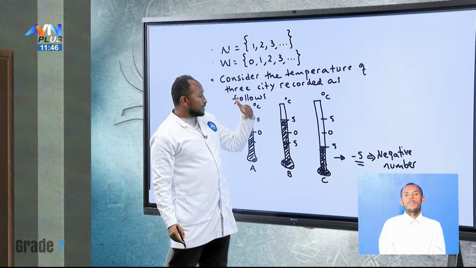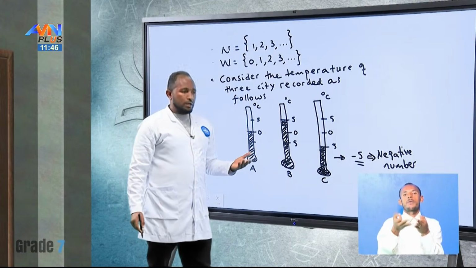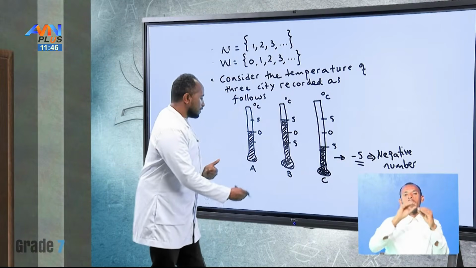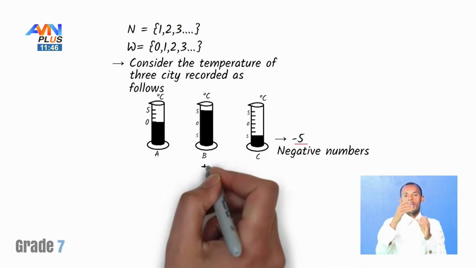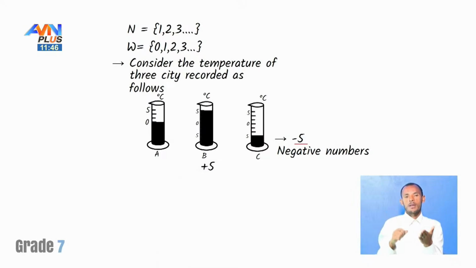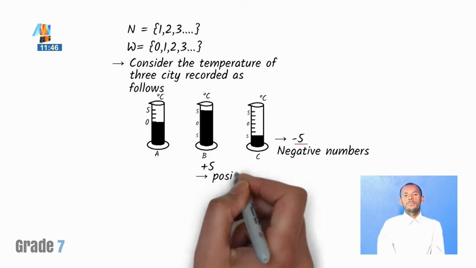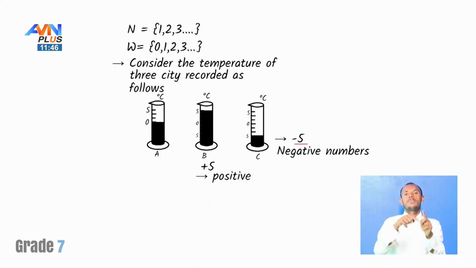When you come to here, the temperature of city B is recorded above 0, 5 degrees above 0. And such temperature is described by a positive sign with a number. Therefore, the temperature of this city can be written as plus 5, or we can read it as positive 5. So, such numbers are called positive numbers.